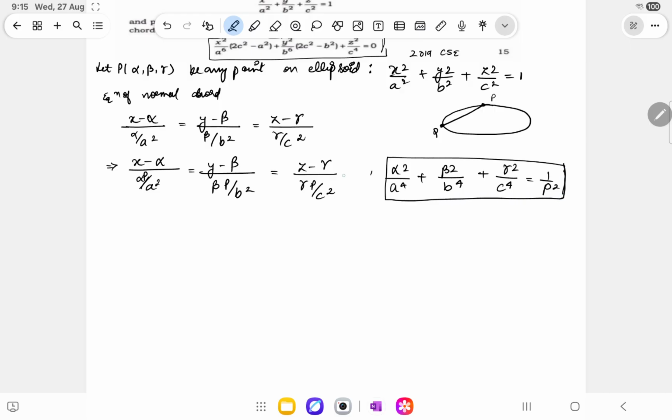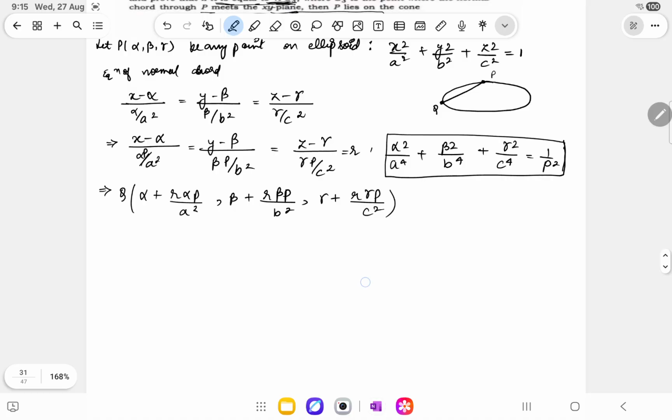So if I assume that let's say R is basically the distance between point P and Q, then if I equate it with R, then from here I will get basically the parametric form of point Q. So my point Q will be alpha plus R alpha P upon a square, beta plus R beta P upon b square, comma gamma plus R gamma P upon c square.